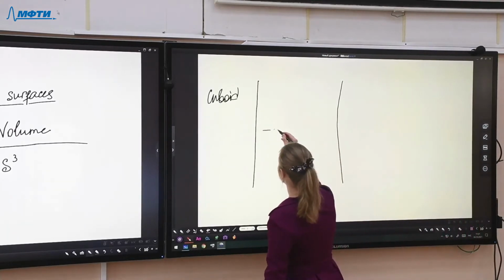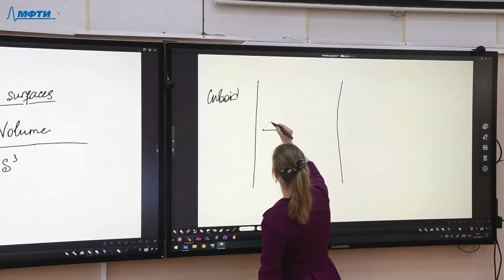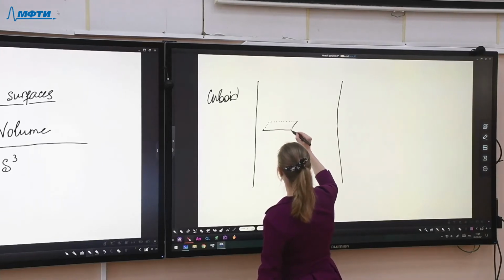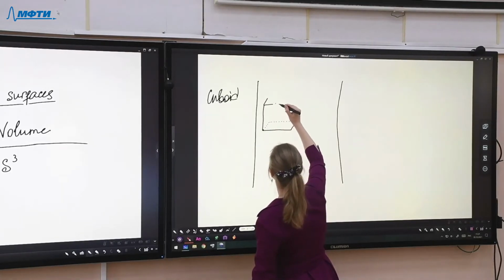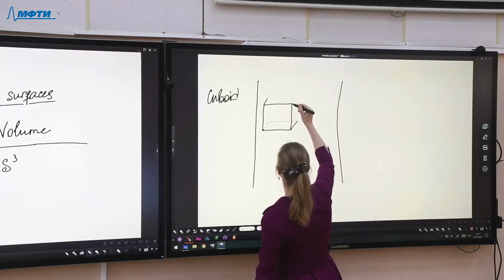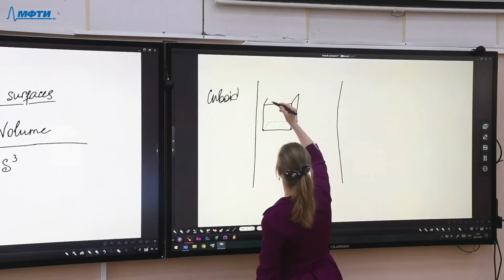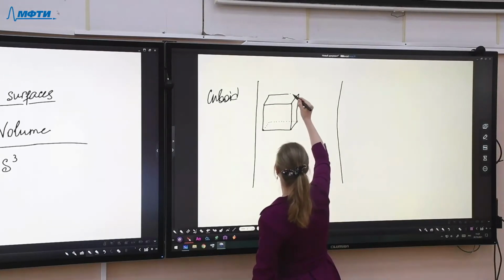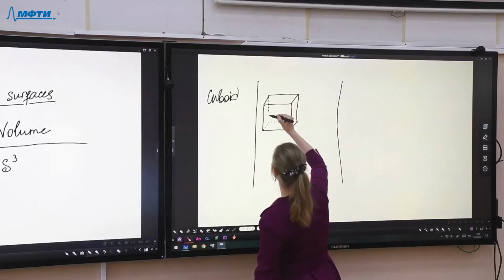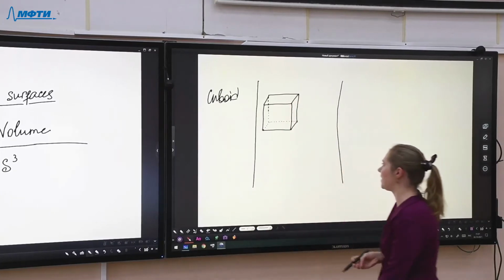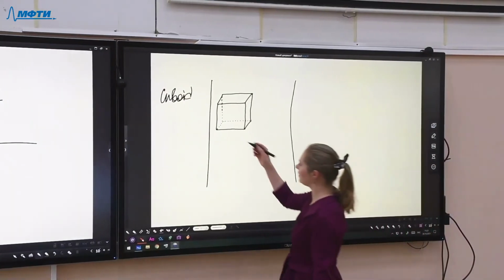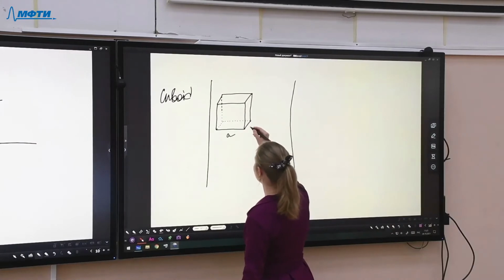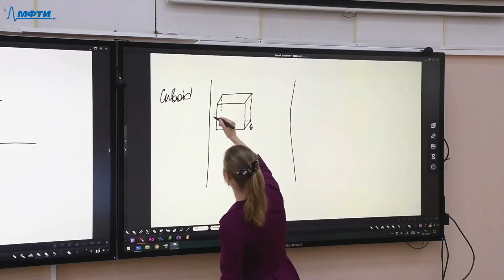And let's say that this cuboid has length, width, and thickness. Let it be A, this side is B, and this side is C.